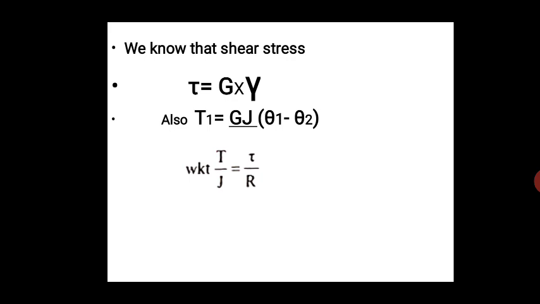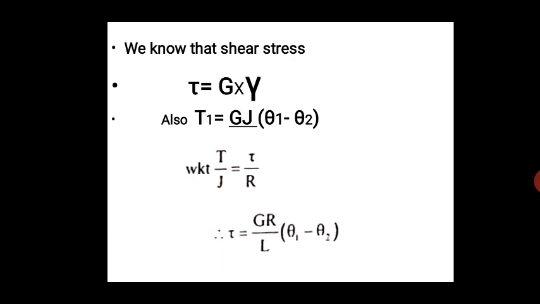From these two equations, we can write T by J is equal to tau by R. Therefore, the shear stress equation can be written as G R by L into theta 1 minus theta 2, where G is the modulus of rigidity, R is the radius of the shaft, L is the length of the shaft, and theta 1 minus theta 2 is the change in the angular deformation.